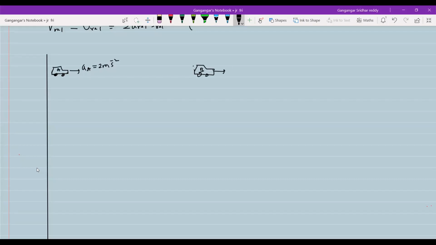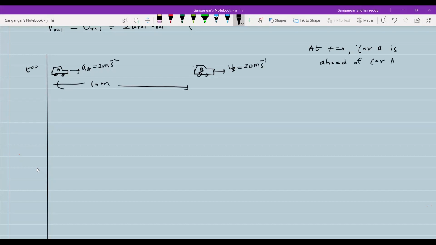That's why I'm just saying car. So they are separated by a distance of 10 meter. At t equals 0, car B is ahead of car A by 10 meter.